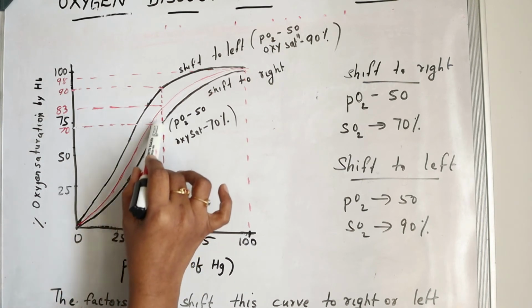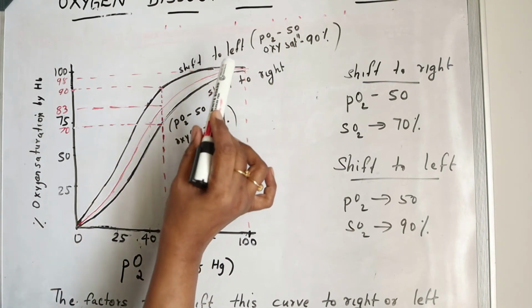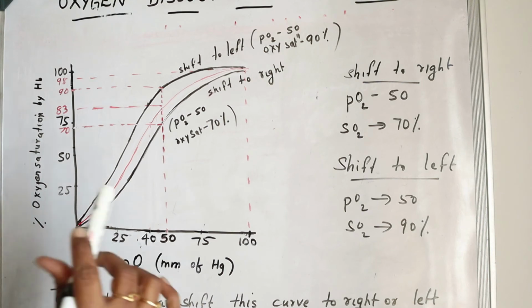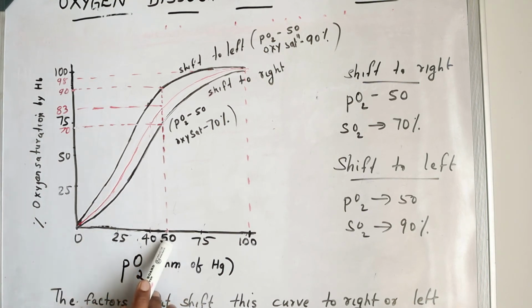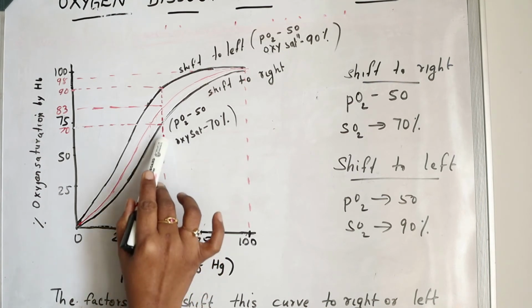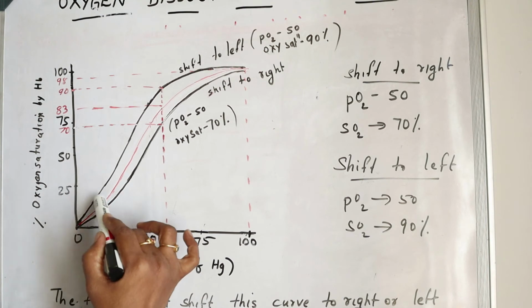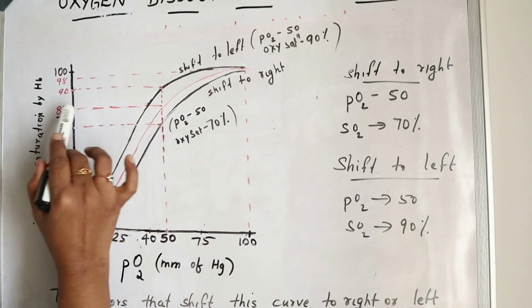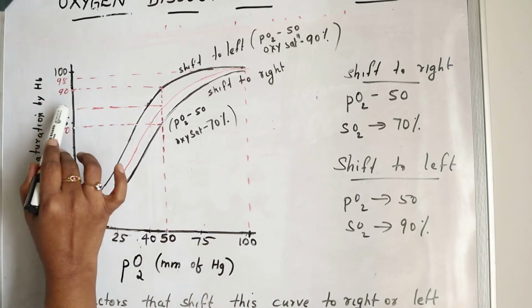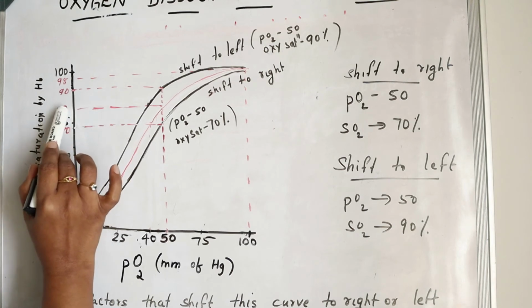See this curve. Here we can see when we look at the partial pressure of oxygen at 50 millimeters of mercury, the oxygen saturation is reduced to 70%. But normally at 50, we know the oxygen saturation is 83%.